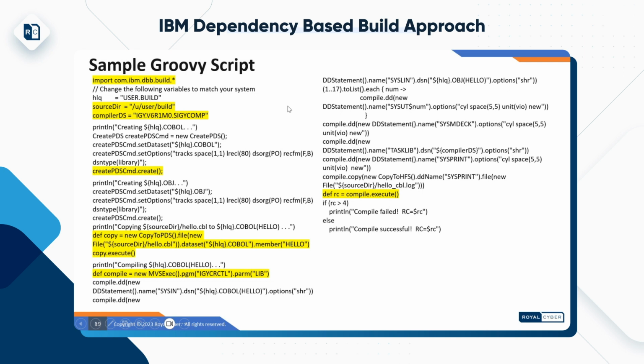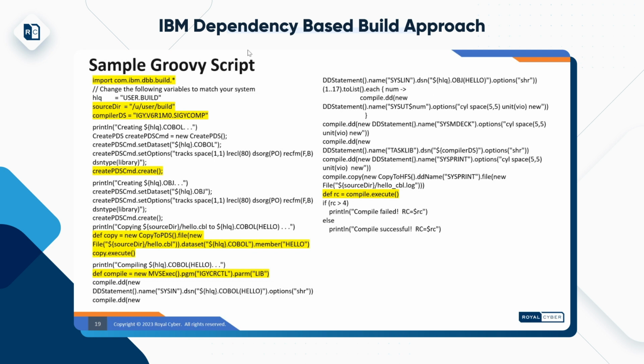So we are invoking the package by an import statement. This is your package name where all your DBB build related classes are supplied. And this is nothing but your set parameter, which we use in our compile JCLs to assign a global level value to the variables.